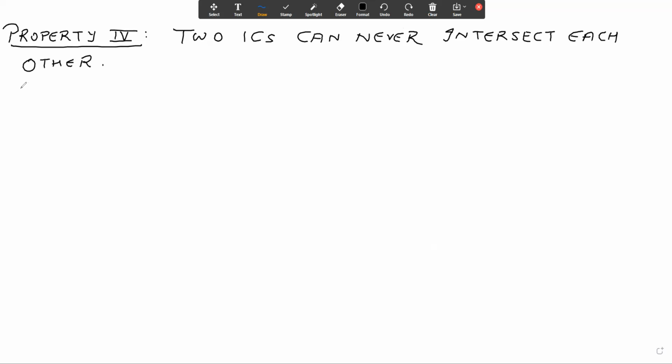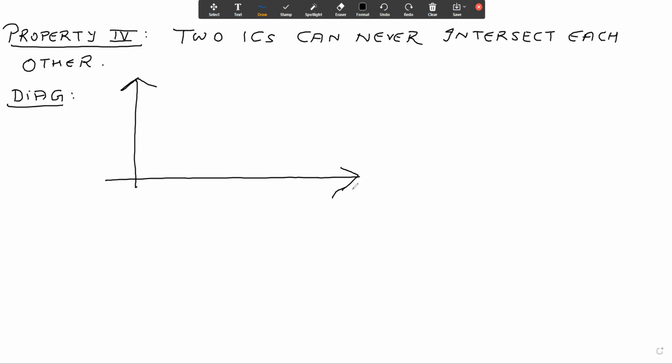Let us make the two indifference curves intersect and then see whether logically we are correct or not. Suppose I draw a diagram where the two indifference curves are intersecting each other. This is good X, this is good Y. This is one indifference curve, IC0, and then we have another indifference curve, IC1.